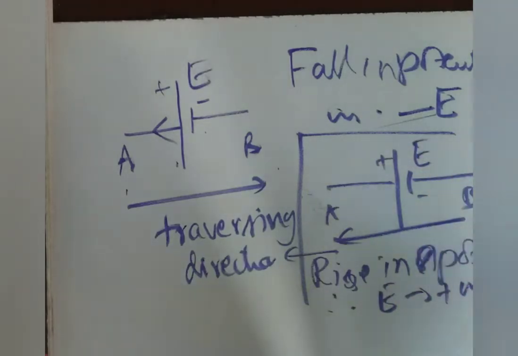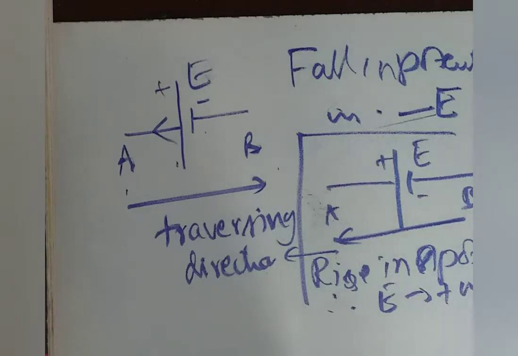So these are the two important ideas about cells or components, whatever it may be. Fall in potential is negative, rise in potential is taken as positive. With these ideas and with the idea of Kirchhoff's law, now we will be able to solve some numericals.